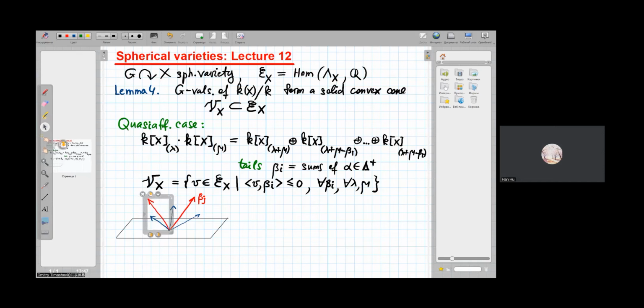So this valuation cone can be exhibited here as follows, something like this. So this valuation cone V sub X.